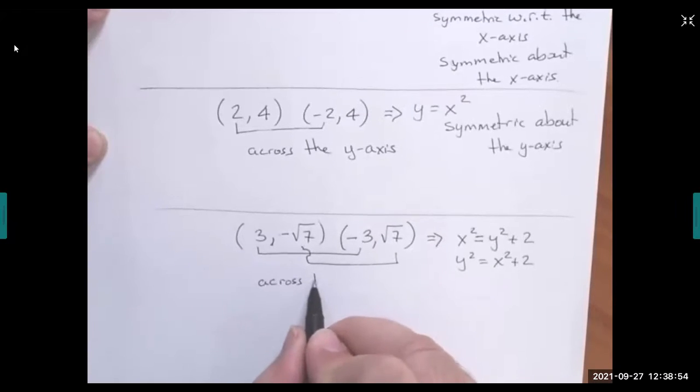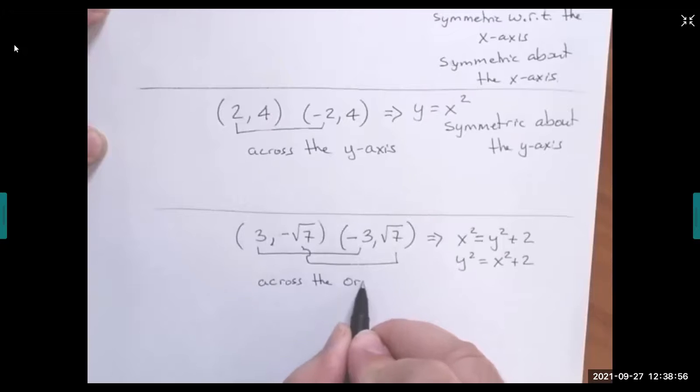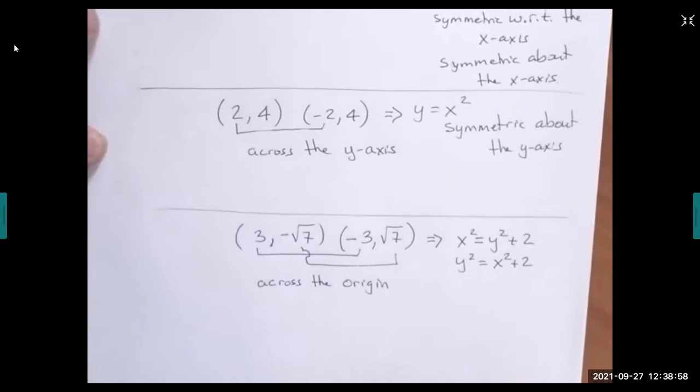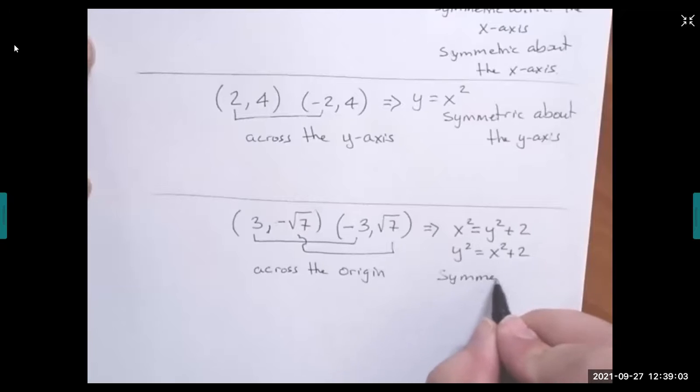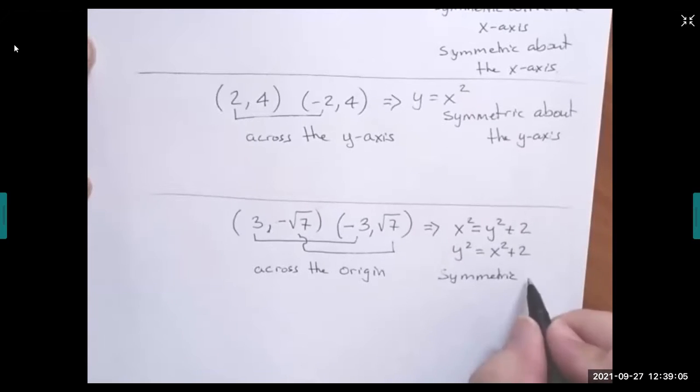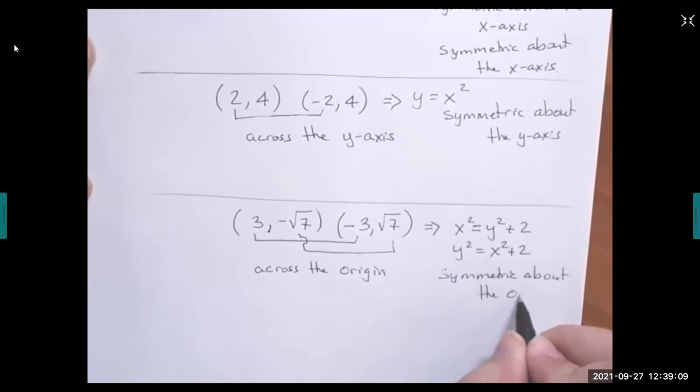This is across the origin. These points are symmetric about the origin.